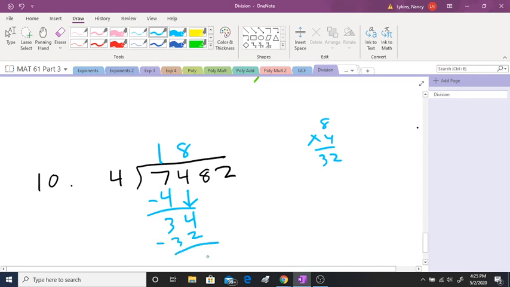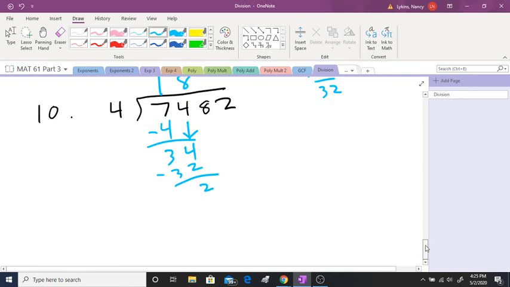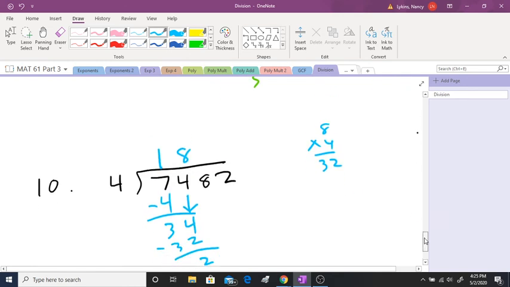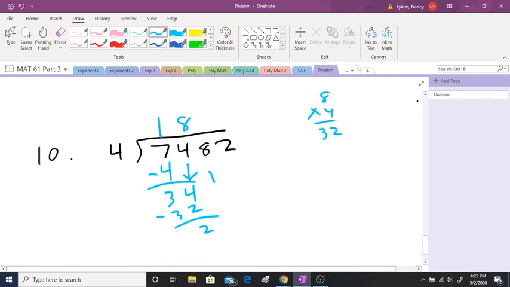Subtract the 32, it's going to be a 2. I'm going to bring my 8 down. Now 4 goes into 28. Well, I know that 7 times 4 is 28, so it goes in evenly. I subtract and I get 0.